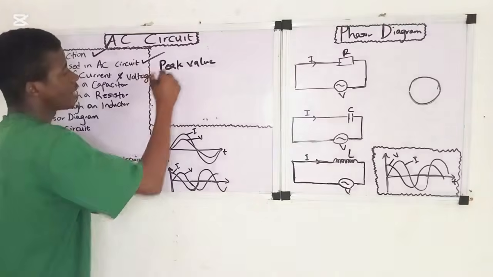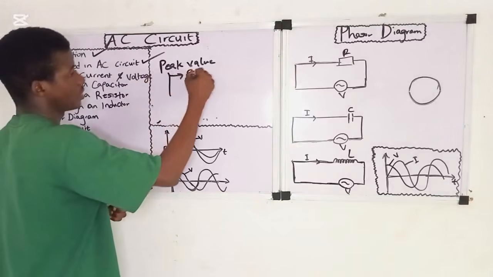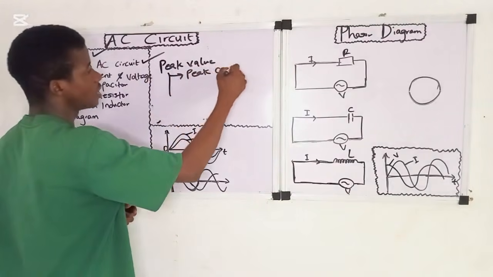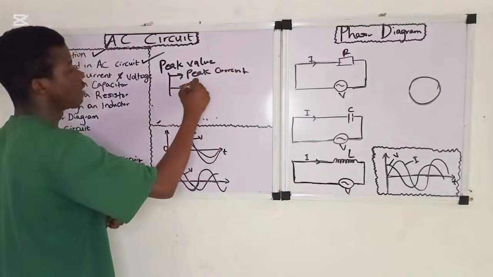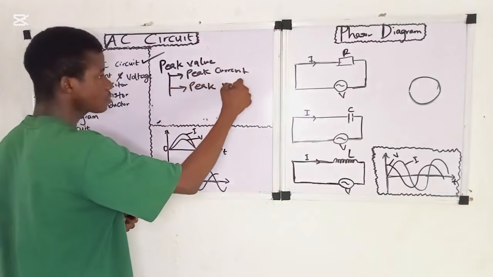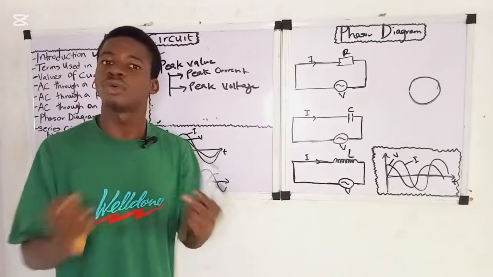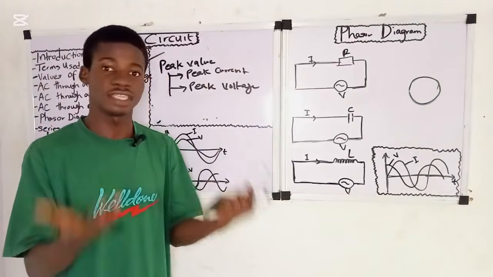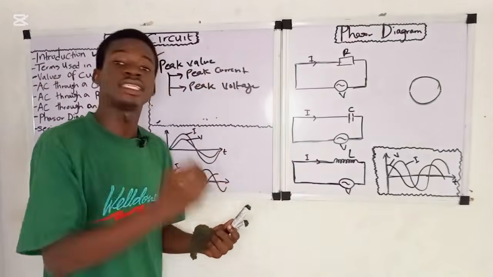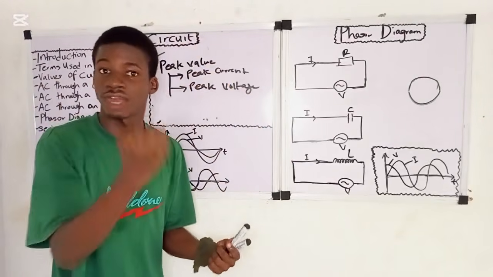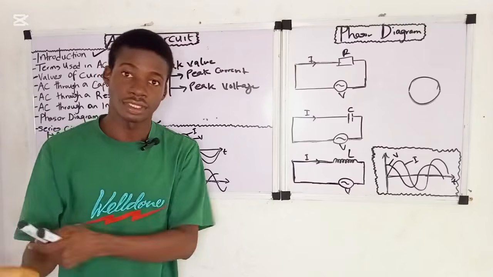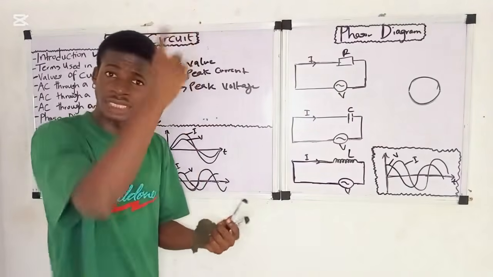Inside the peak value we have the peak current, then we have the peak voltage. So what is the peak value of current and what is the peak value of voltage? It's very easy. Peak value of current is the highest, or maximum, value of current. Peak means highest, right?